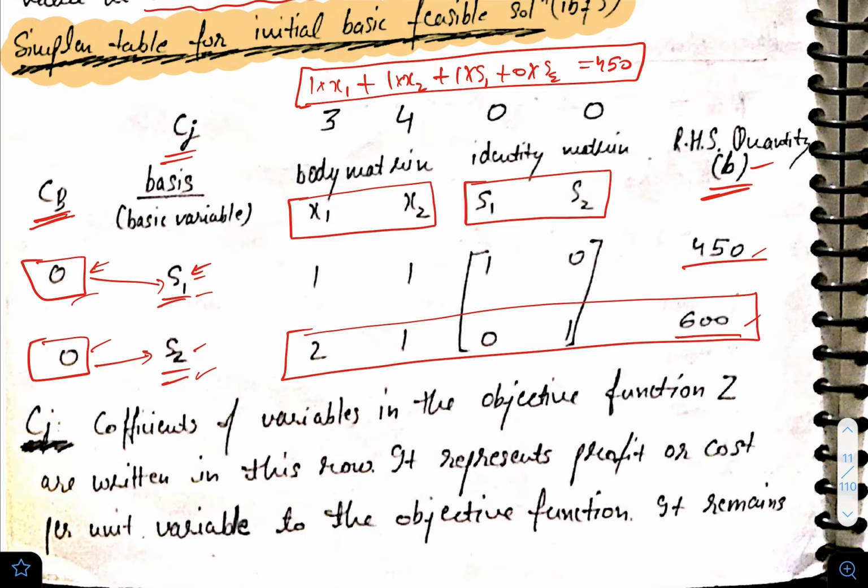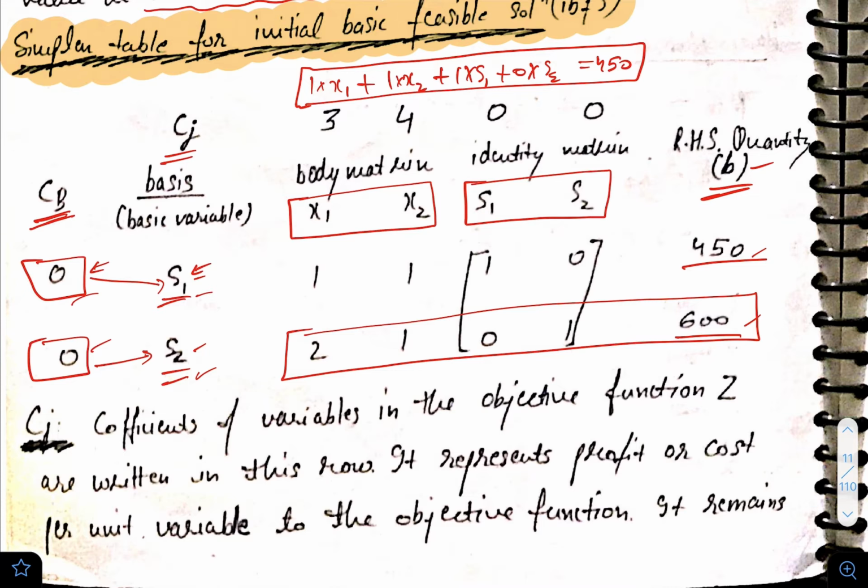There are certain rules that we have to follow, which will tell us whether the optimum solution has been obtained or not. When we introduce those two rows, then we can tell whether our solution is optimal or it needs further iterations.